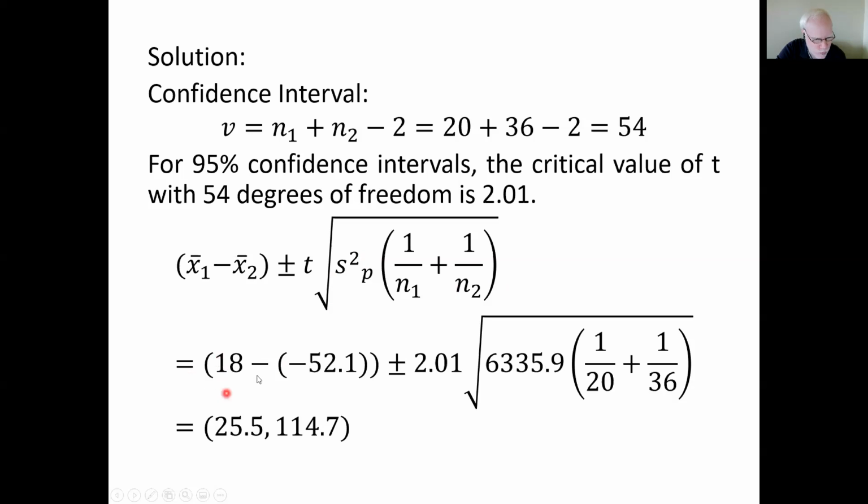So we've got sample mean 1 minus sample mean 2 plus and minus 2.01 times all this stuff. And so we end up with 25.5 to 114.7. So we're 95% sure that the difference between the two population means is from 25.5 to 114.7.